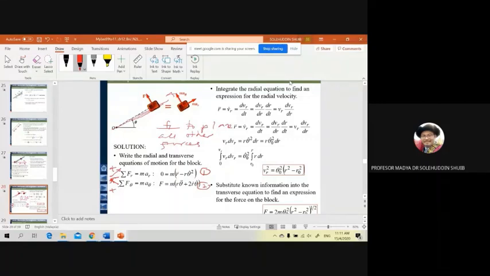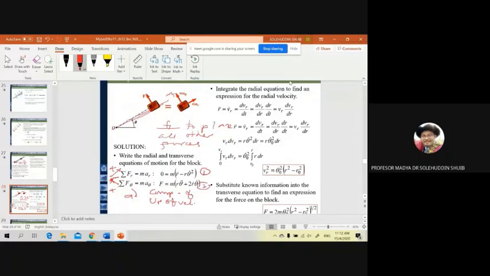Okay, for part A of this question, what has been asked there? You need to find the component of V_r. We have to find the component of V_r, which is the component of velocity.